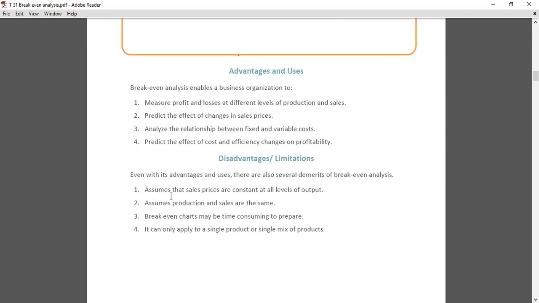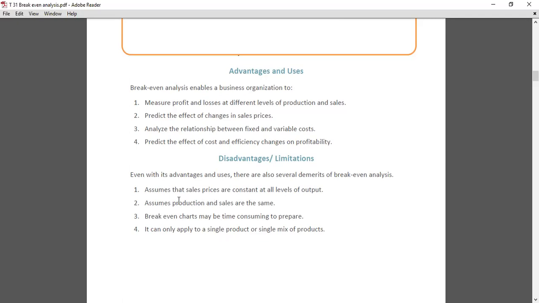It assumes that sales price is constant at all levels of output. Selling price is constant, which sometimes makes it difficult, because sometimes selling price can change if you buy more items. Sometimes companies give discounts. Selling price can decrease at high quantities. But here we assume that sales price is constant, not changing.